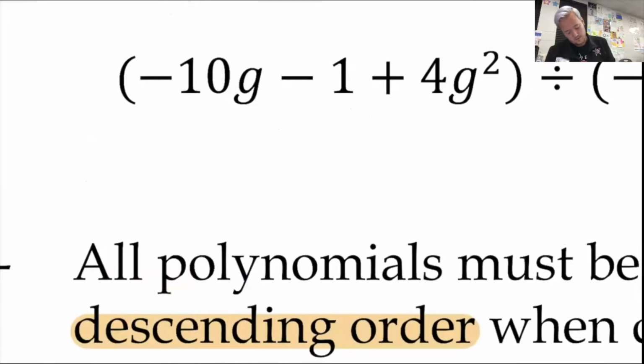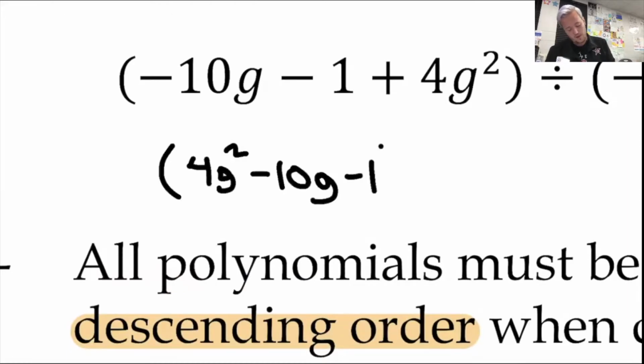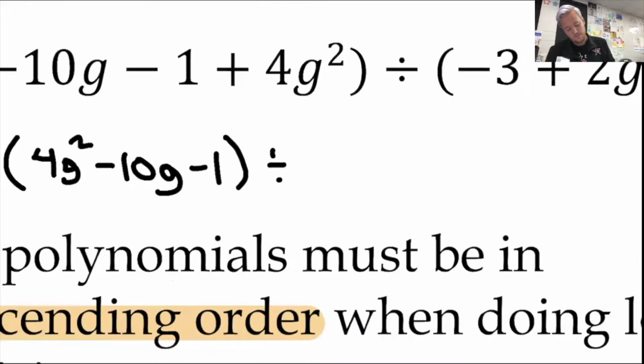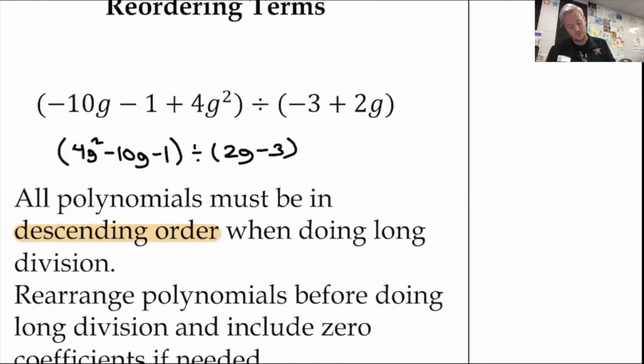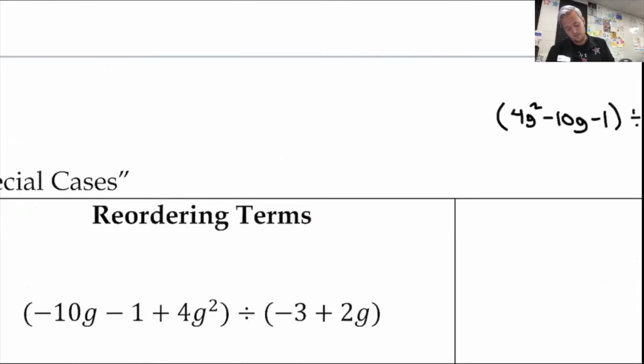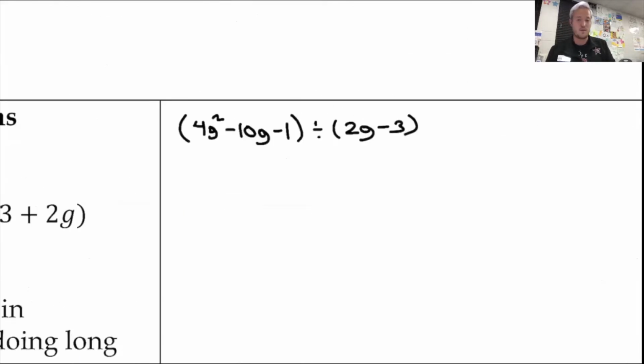So if I rearrange, that would be 4g squared minus 10g minus 1, divided by 2g minus 3. So really, this is the problem I'm working with. But once you do the reordering, then it's the same as pretty much any other problem that we just did.